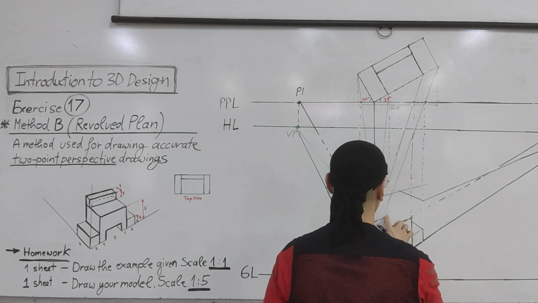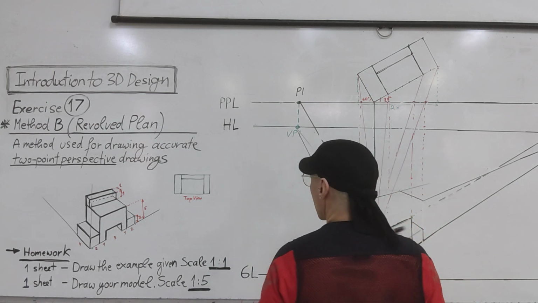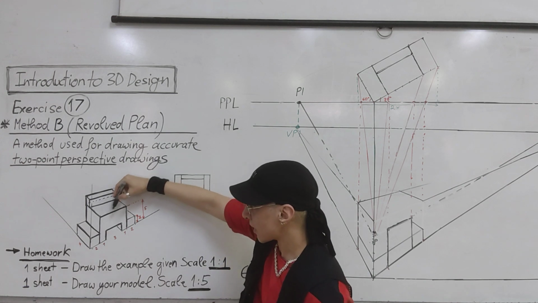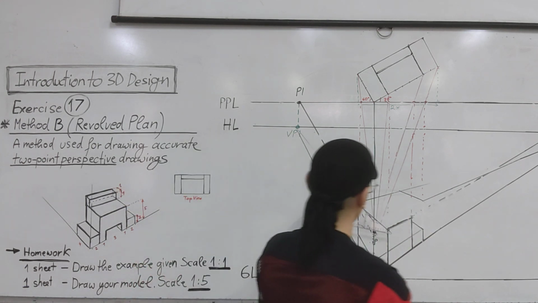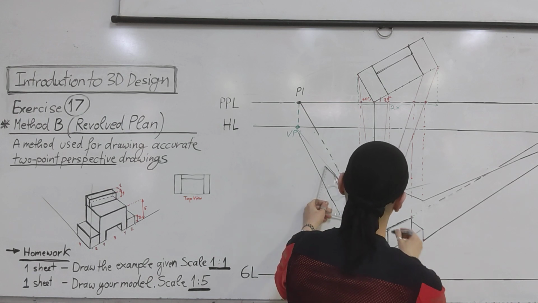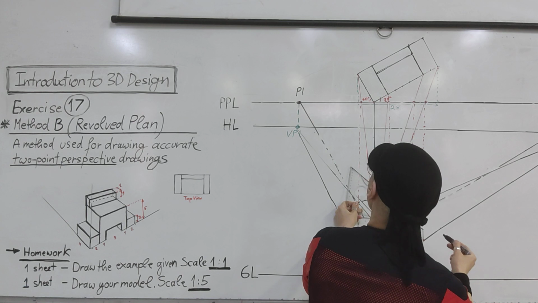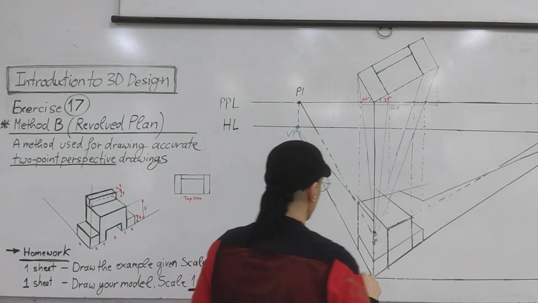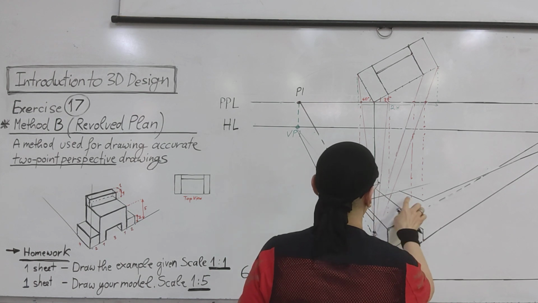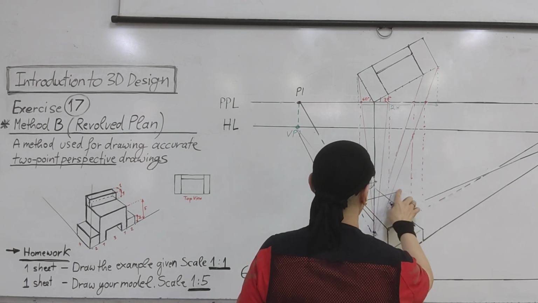I also don't need these here. So from this point here and from this point, I will take these 2 points to the vanishing point also. Okay, let me delete this here.